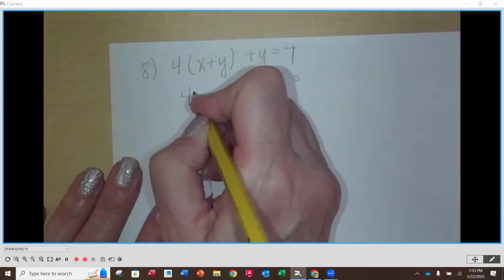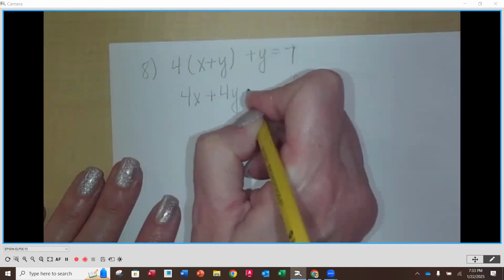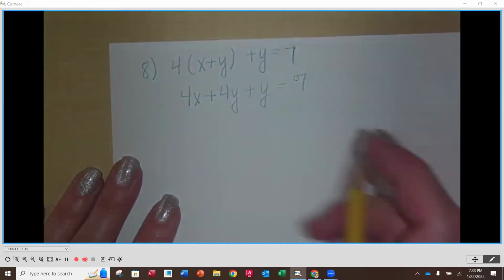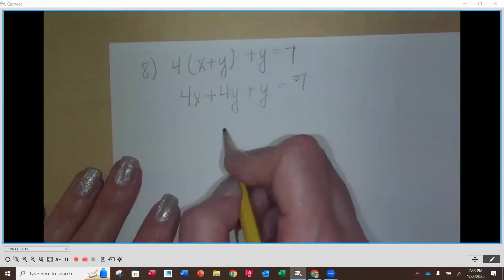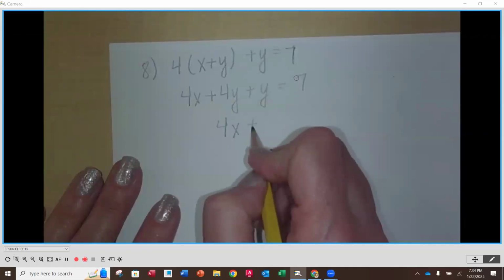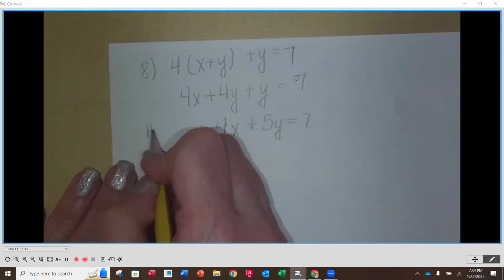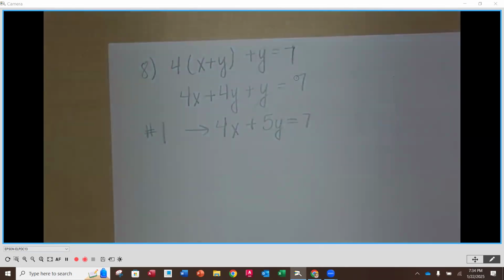So this is going to be 4x plus 4y plus y is equal to 7. So then we're going to be able to combine these 2. So it's going to be 4x plus 5y is equal to 7. So that's going to be equation number 1. Okay.